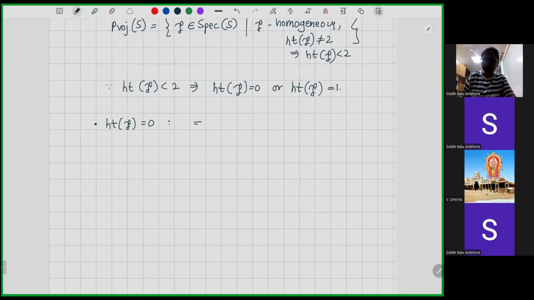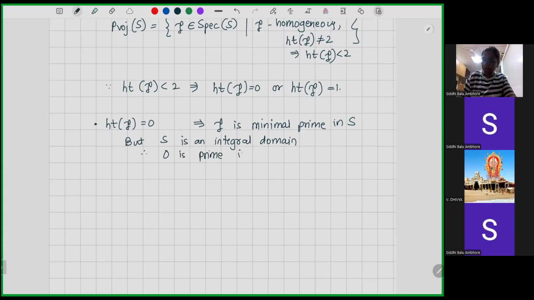It means P is a minimal prime in S. But S is what? S is an integral domain. Therefore 0 is a prime ideal, and 0 is also a minimal prime ideal. So therefore in the height 0 case, my P is just 0. P is just the ideal generated by 0.